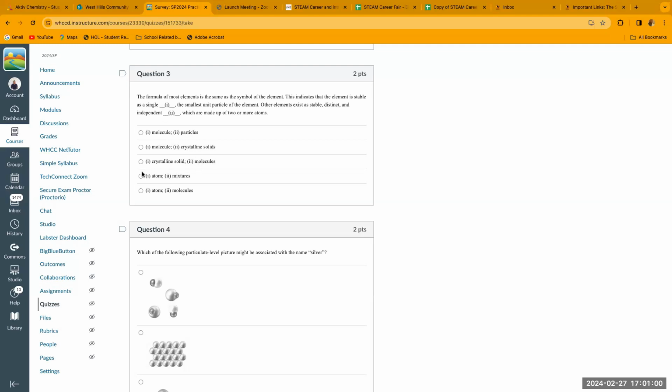The fourth one is atom, the second one is an independent mixture. The fifth one is an atom and a molecule. So is it A, B, C, D, or E?